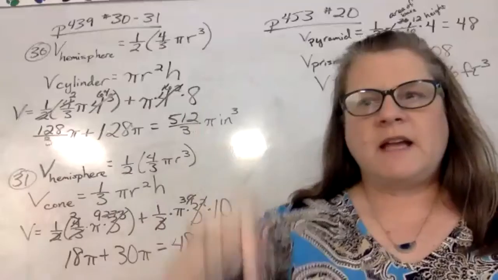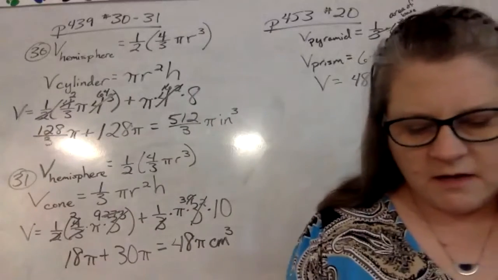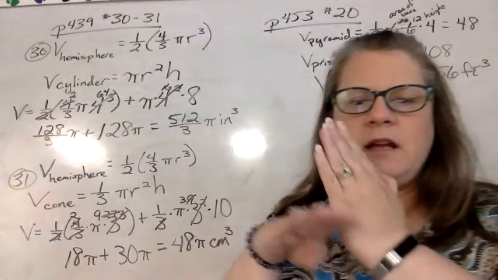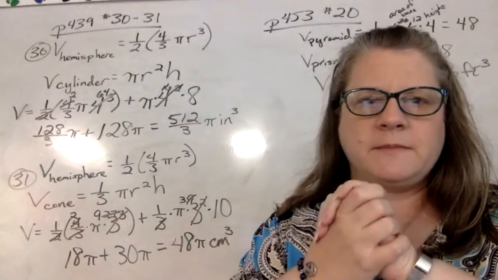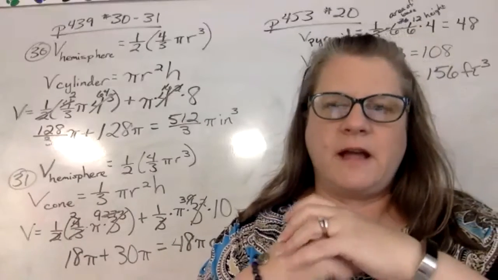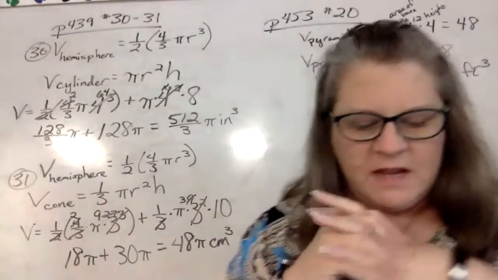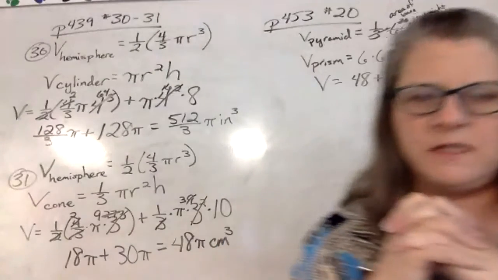So you have a diameter that connects those 2 points together. And then the equator is perpendicular to that, which means they make what kind of degrees? Perpendicular means what kind of degrees? 90 degrees. Yep, 90.